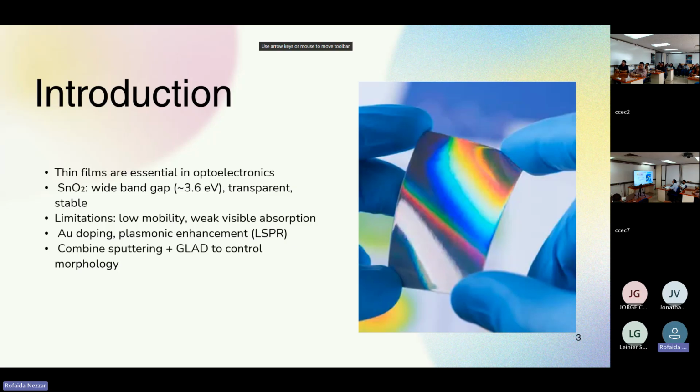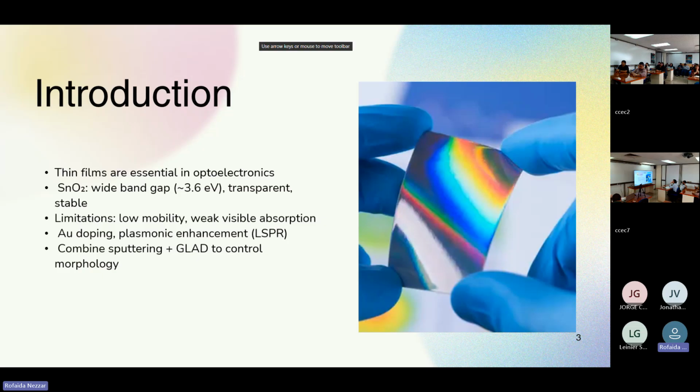It is transparent, chemically stable, and has good electrical properties, which make it a great candidate for transparent conductive oxide applications. But even though it has many advantages, it has two main limitations worth mentioning, which are low carrier mobility and weak absorption in the visible region.